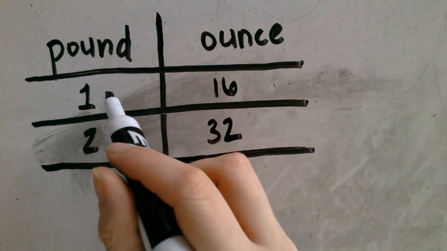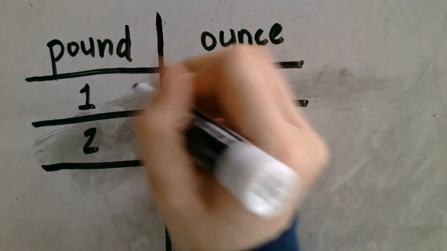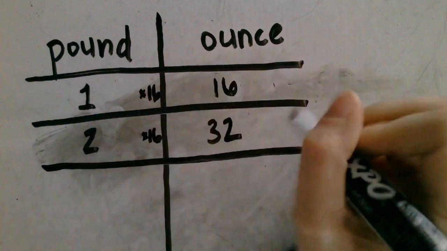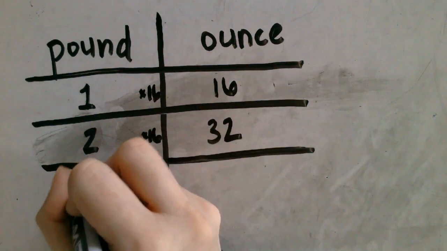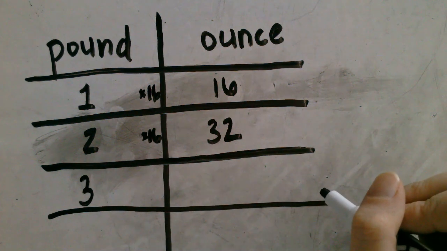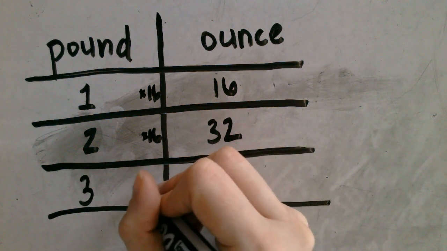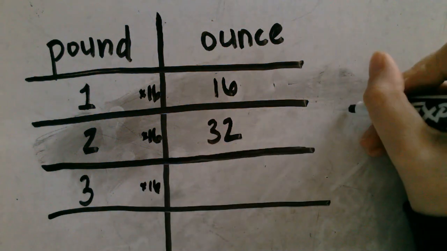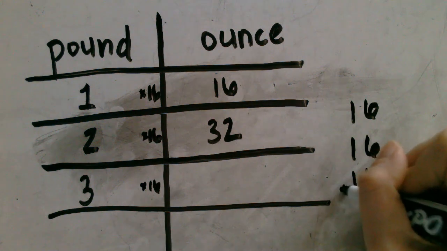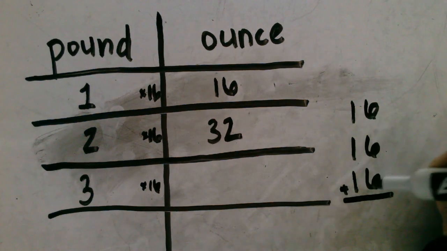If we wanted to convert pounds to ounces, we have to multiply the pounds by 16. So if we needed to figure out how many ounces were in 3 pounds, we would do 3 times 16. And if we weren't sure how to do that, we could just add 16 3 times on the side.